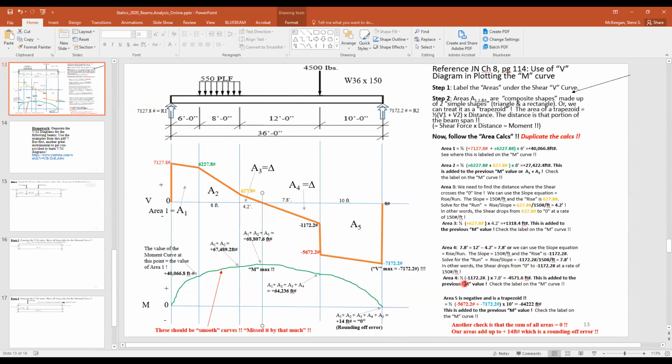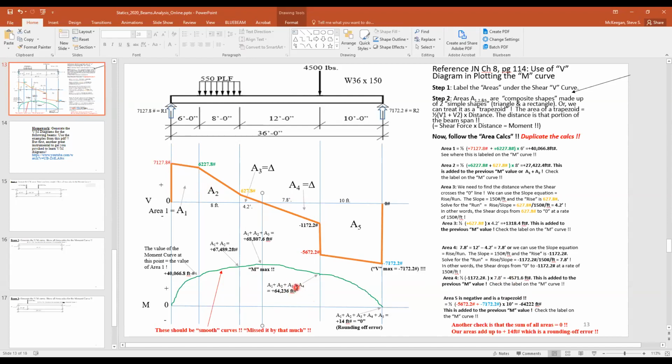So area 4, again, now this is the shear value that we use for this triangle. That's negative. But you can say, well, hey, over here you said the value of the moment curve at this point is adding all the other 4, 3, 2, 1.